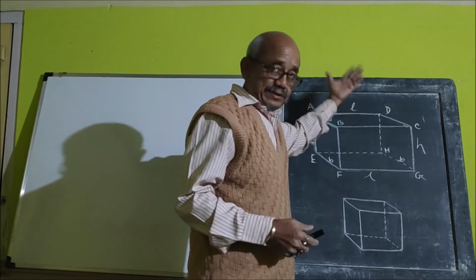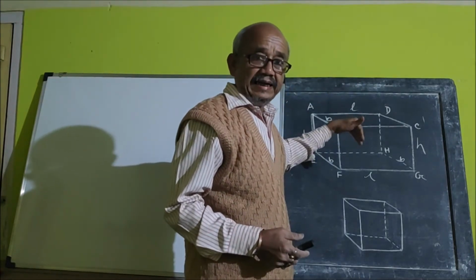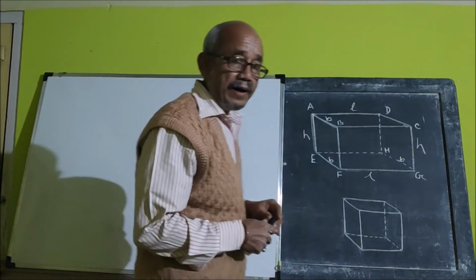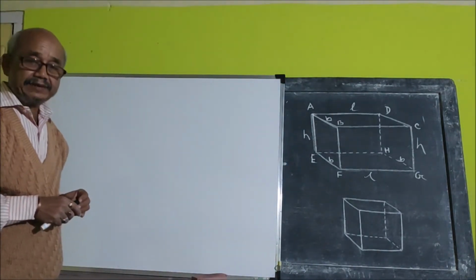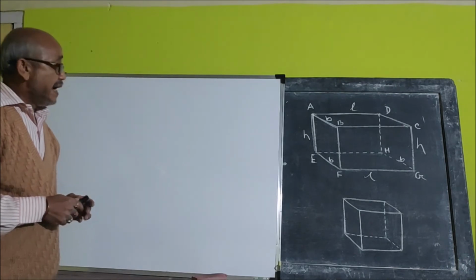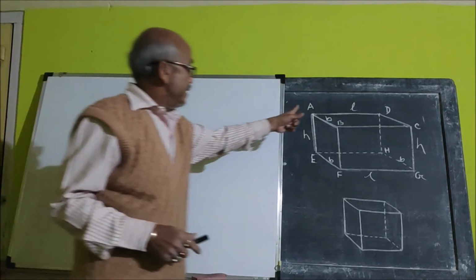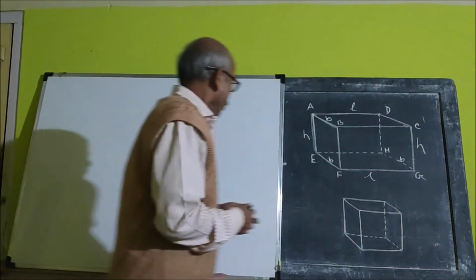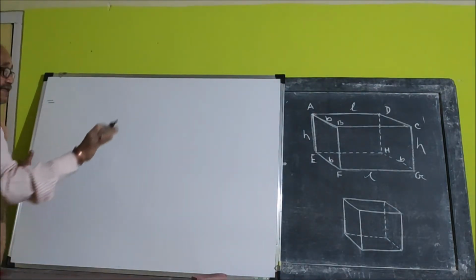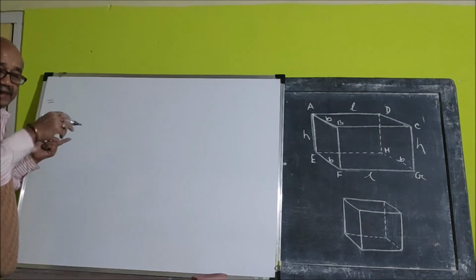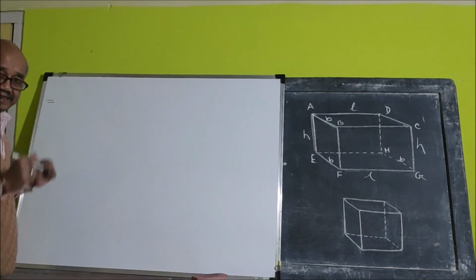The upper part means ABCD. We already have the area of the cuboid as 2(LB plus BH plus HL).